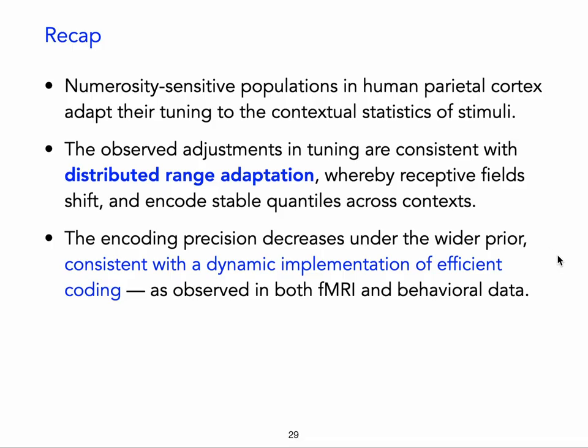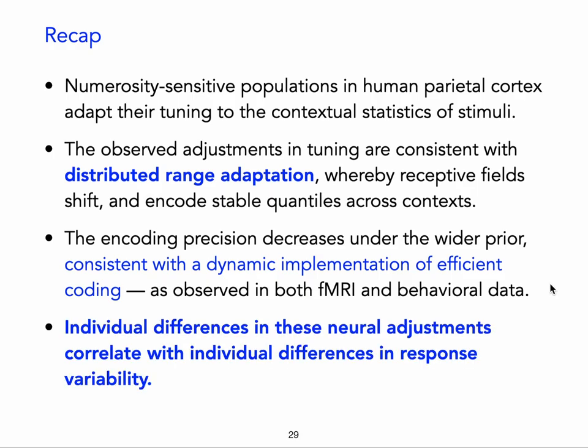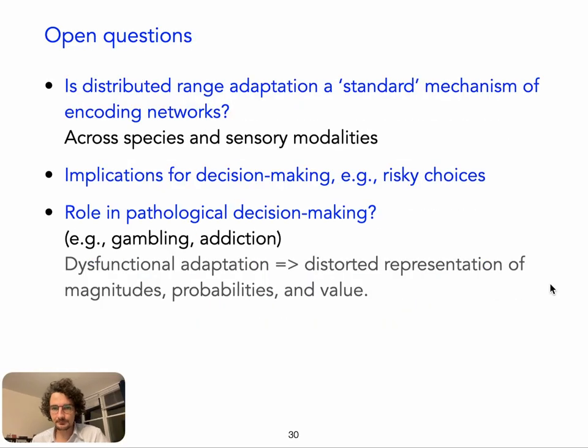And now the encoding precision decreases under the wider prior, consistent with the dynamic implementation of efficient coding, and that was observed both in fMRI and behavioral data. And last but not least, there is correlation between the two. So the individual differences in this neural adjustment correlate with individual differences in response variability, which perhaps suggests that one underlies the other, of course.